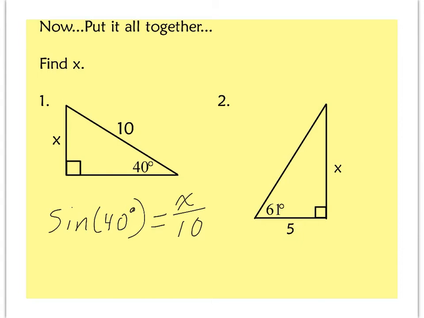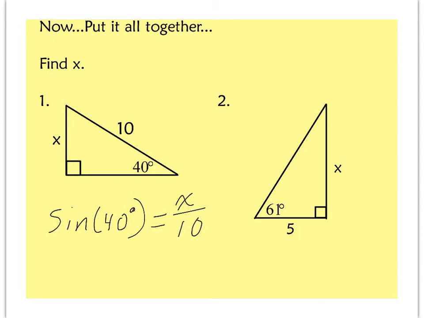Alright, so we're going to try to get x by itself. Now, with a normal equation, if we had another variable over here, or we just had 40, and we're trying to get x by itself, we see x is being divided by 10.